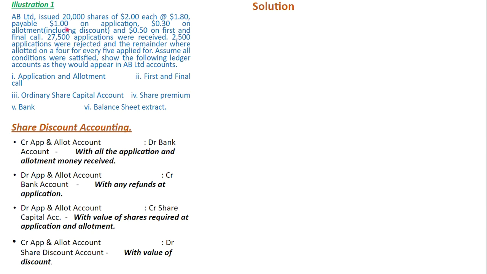Like we said before, shares are always recorded in the company records at par. So what we should know is our ordinary share capital account in this case is going to be 20,000 shares multiplied by $2 each to give us $40,000 ordinary share balance.